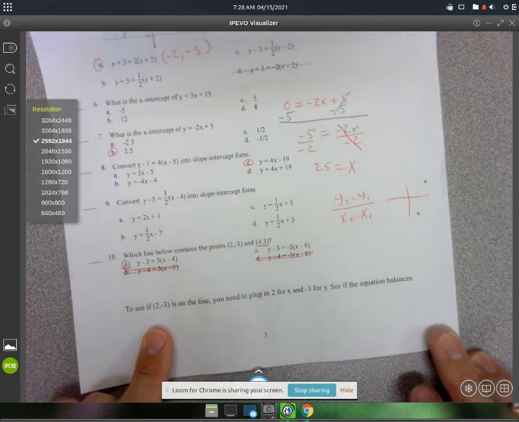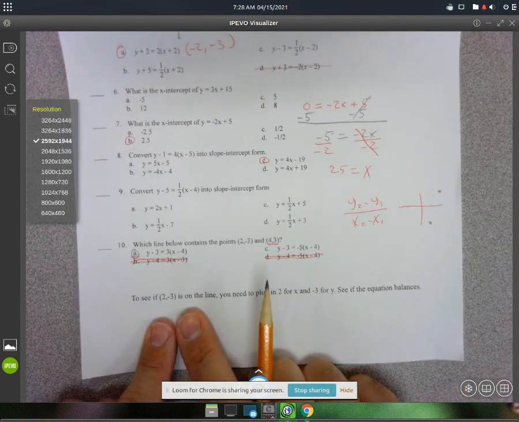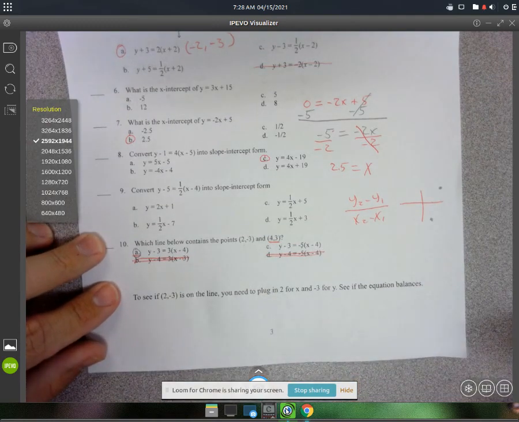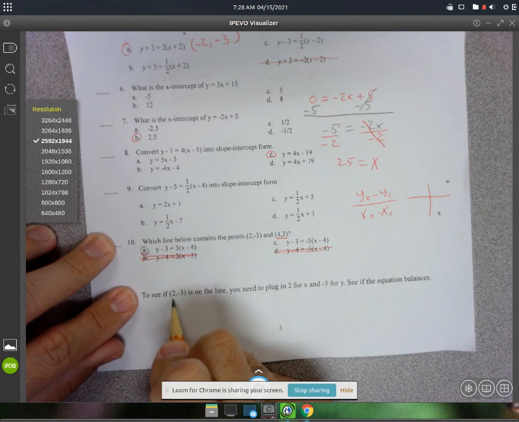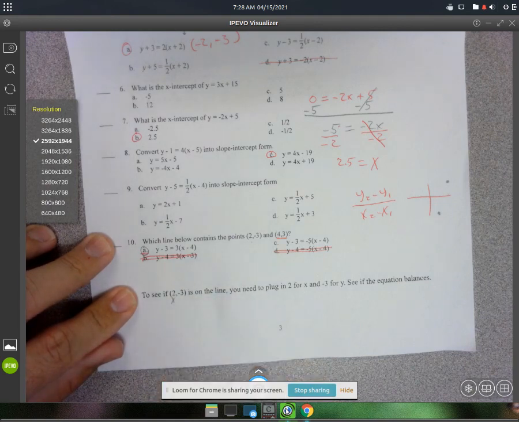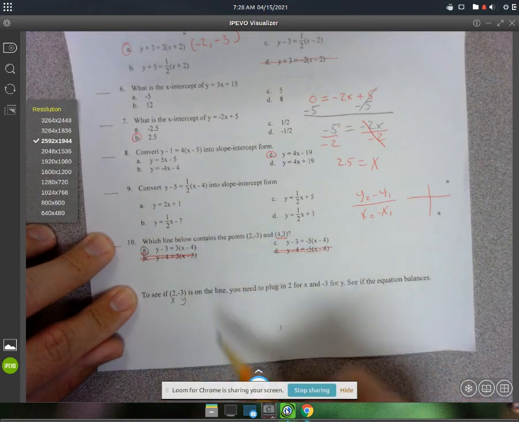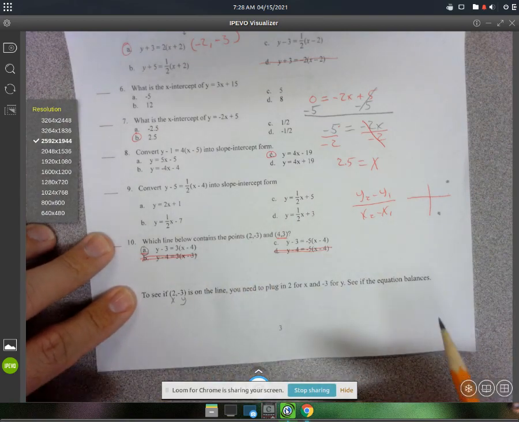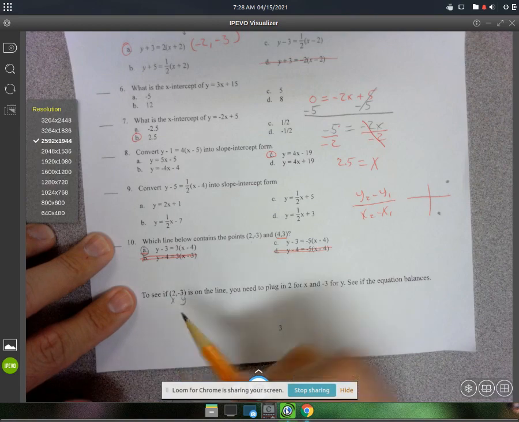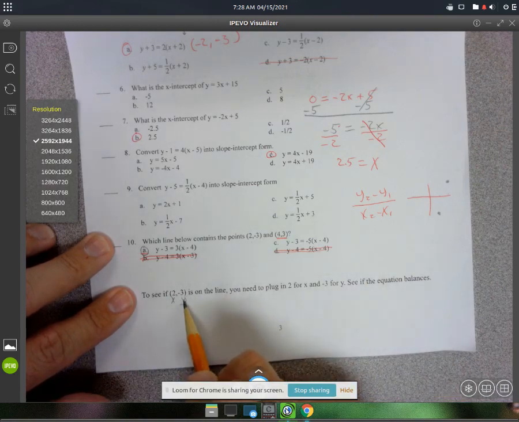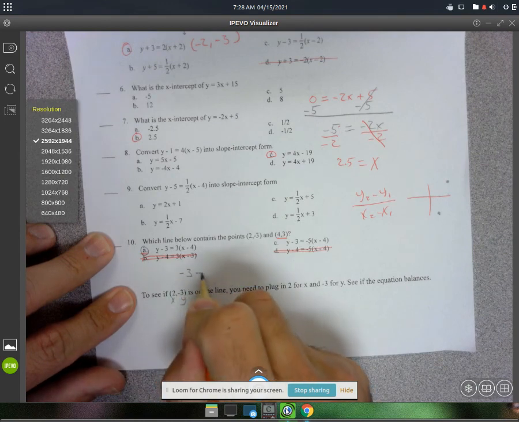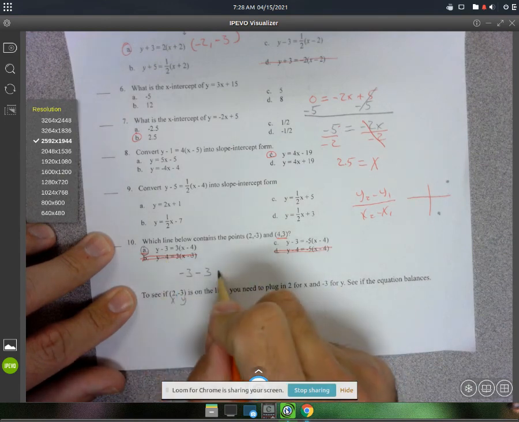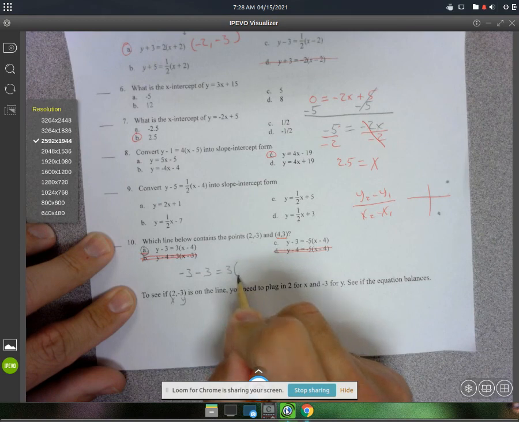Down here, I talked about plugging in the point. This is probably the way to go. I don't know. But what this is trying to tell you is that if you plug in 2 for x and negative 3 for y on option A, it should cause the equation to balance. So I'm going to do that real quick. Negative 3, I'm going to plug that in for y. Negative 3 for y, and then minus 3 is equal to 3 parentheses.